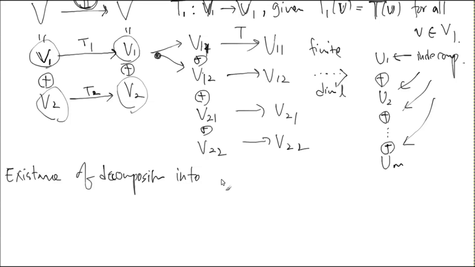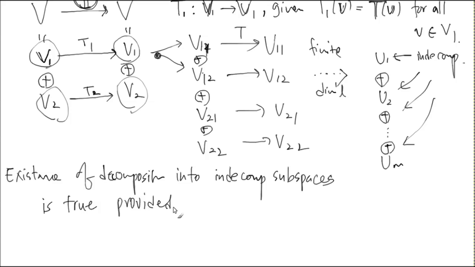Indecomposable subspaces is true, provided what condition on V? Finite dimensional. V is finite. It's like an integer. You keep factoring and you stop factoring because size is going down every time you factor. Same argument. Inductive argument.